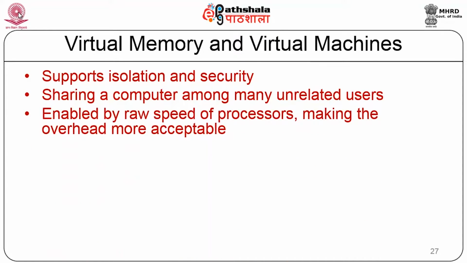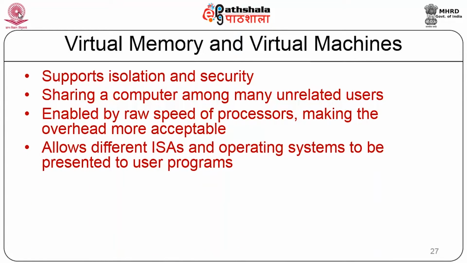It supports isolation and security, and it allows sharing of computers among many unrelated users. Because of the speed at which processors operate these days, the overhead associated with virtual machines is now acceptable. Earlier there was a lot of overhead, so for some time virtual machines did not have much popularity, but with the speed of processors increasing, the overhead is more acceptable now.